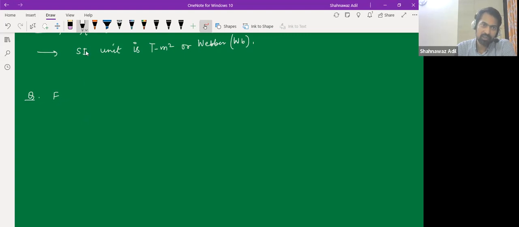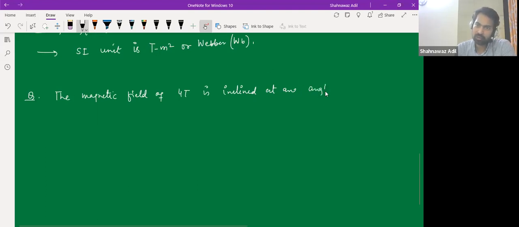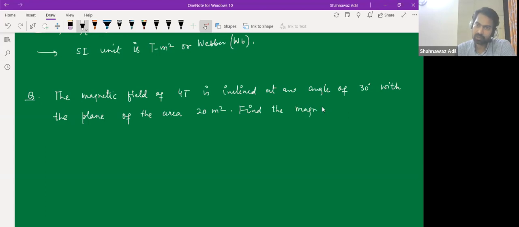Okay, so let us do a few simple questions. Find the magnetic flux if a magnetic field of 4 Tesla is inclined at an angle of 30 degrees with the plane of an area, let's say 20 meters square.